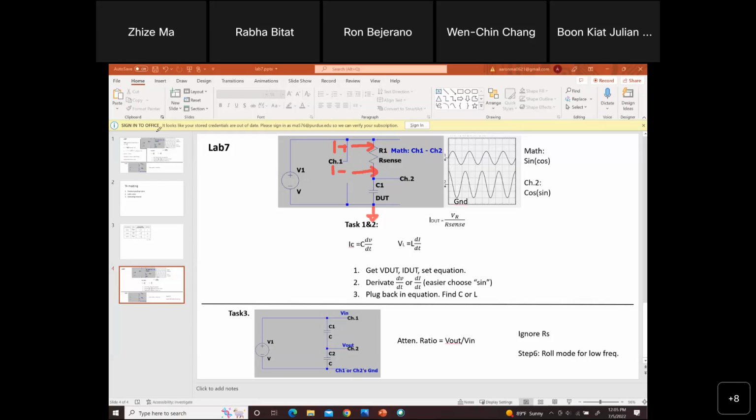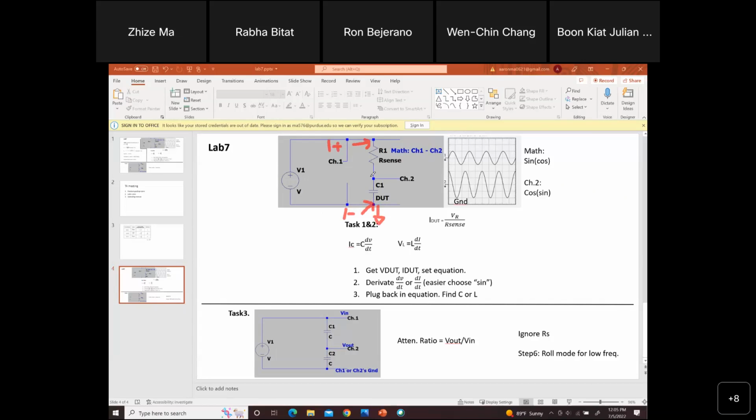But if you only have a single-ended probe, then in this circuit diagram, to measure the voltage across the RSense, you need to put your 1 plus right here, and your 1 minus can only connect to the ground. This is the ground.